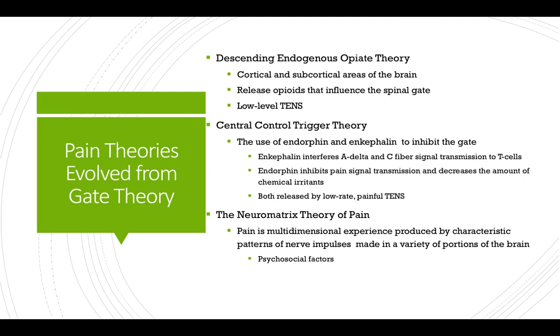So the central control theory and the central control trigger theory took into those ideas that the brain could store how we have responded to pain in the past. The neuromatrix comes into account and starts thinking more about the social cultural stuff. Again, how we've seen pain be expressed by others, what pain has meant to others. So not just our own experience with pain, but this whole wide variety. And again, that gets stored and can then influence our nerve impulses from there.